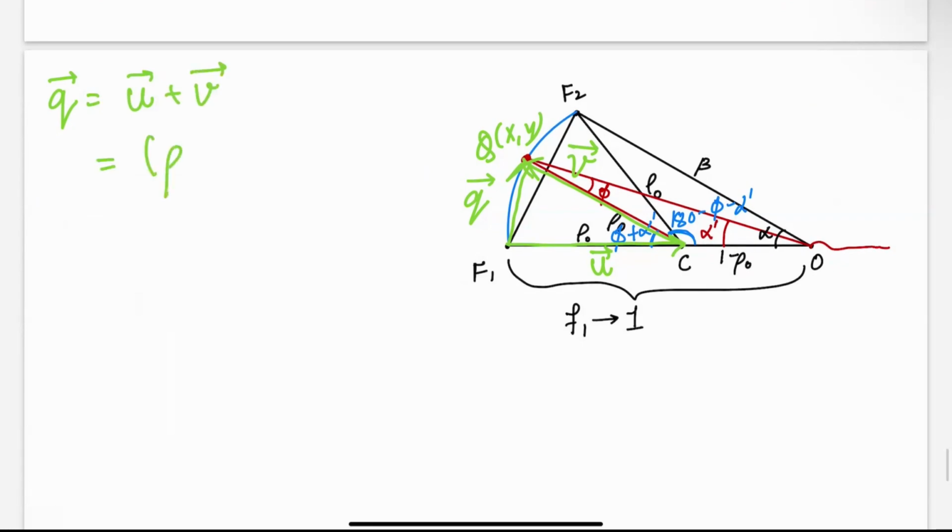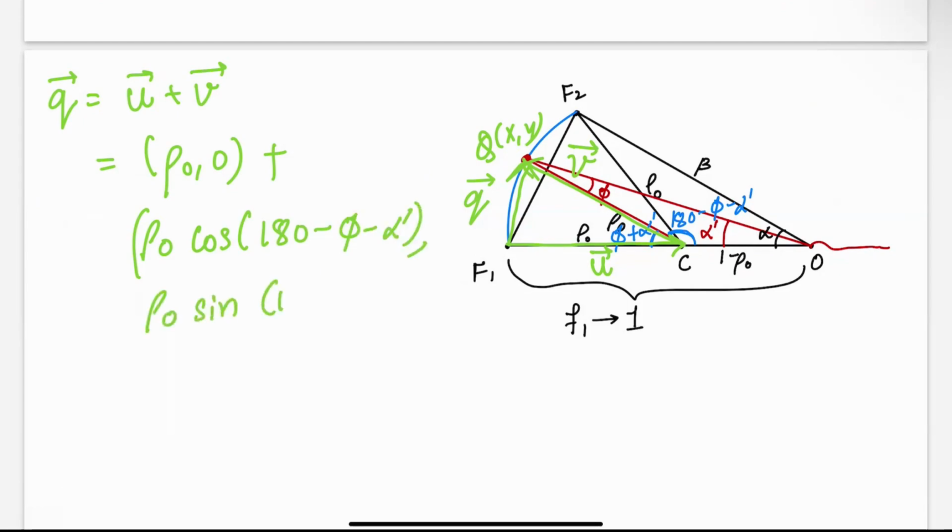And u is rho naught comma 0 plus vector v is rho naught cosine of 180 minus phi minus alpha prime, comma rho naught sine of 180 minus phi minus alpha prime, right? Of course, when you're making the vector, you need to take this as the center, so that's why I have the 180 minus phi minus alpha prime. Okay. And that essentially gives us x and y.